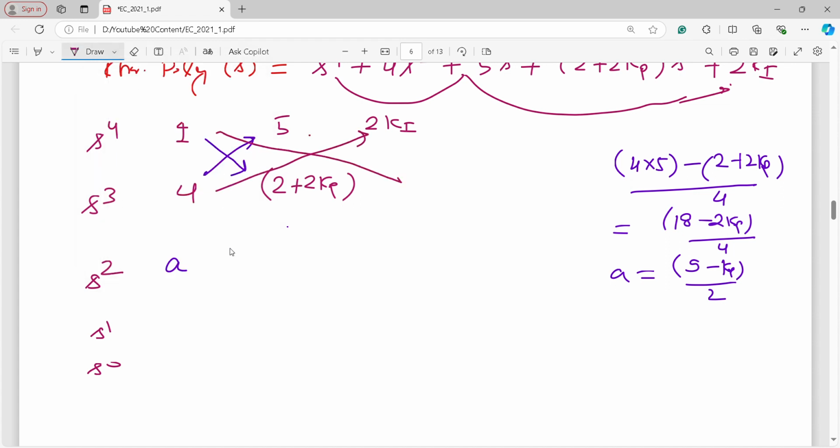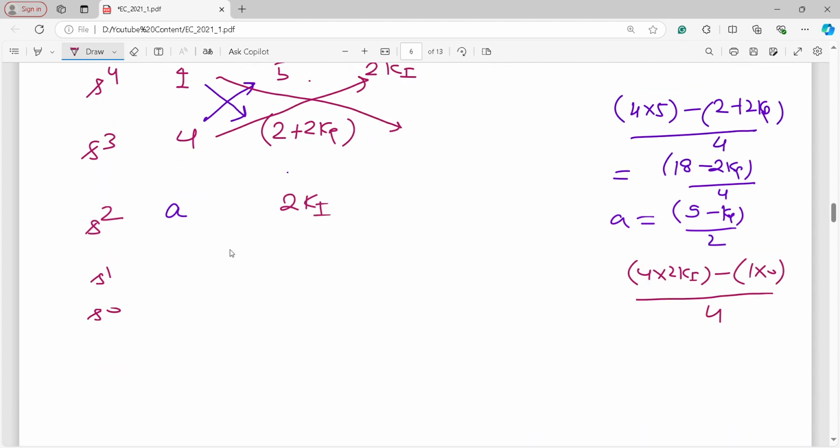Similarly here the term is not there, term 0. So 4 into 2Ki minus 1 into 0, divided by 4. So again it is coming 2Ki. Okay? Hope you understood.